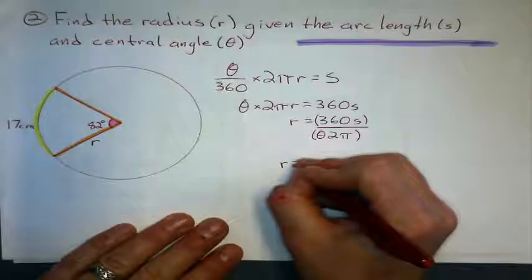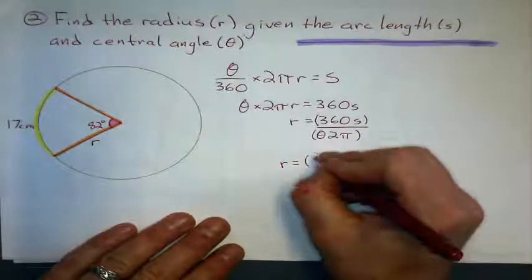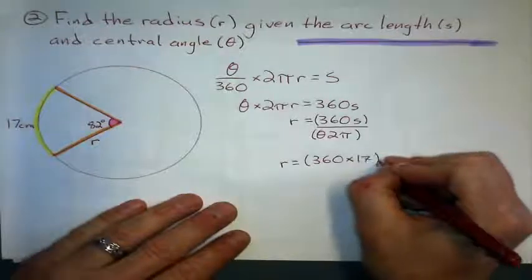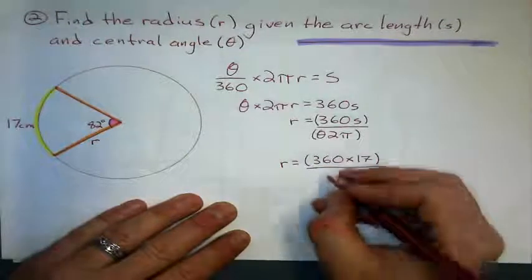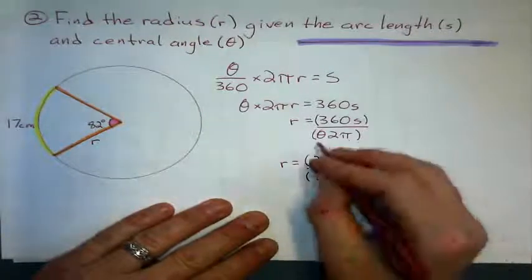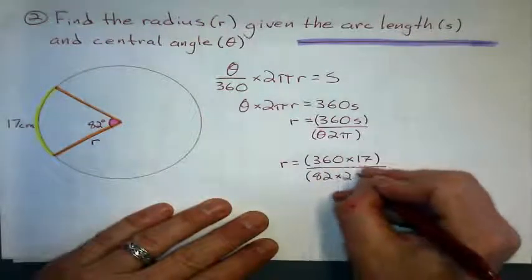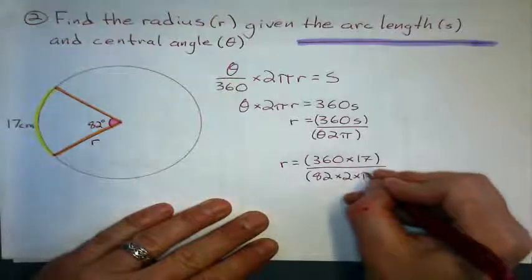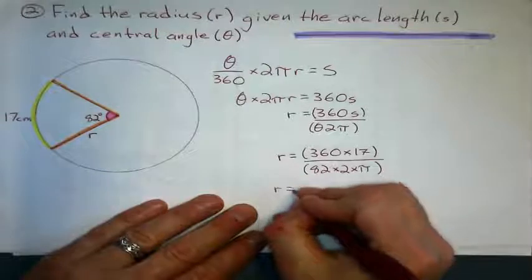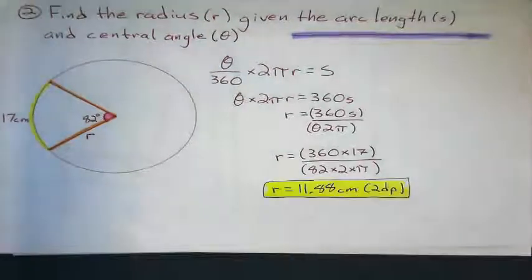Okay, so now it's just a simple case of substituting the values in. This is 360 times my arc length, 17, divided by the central angle, 82, times 2, times pi. And the rest I can put on the calculator.